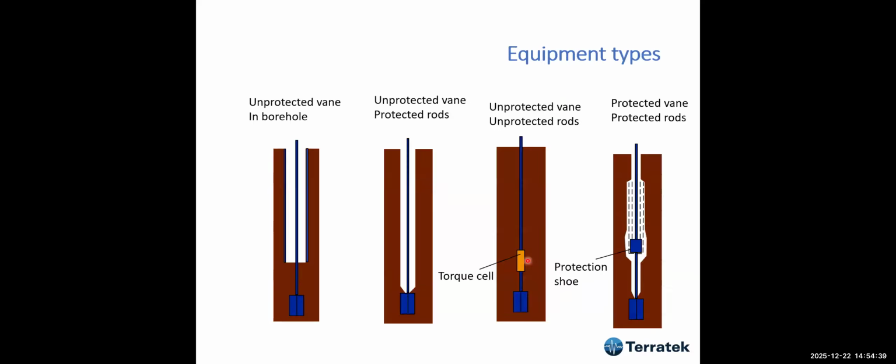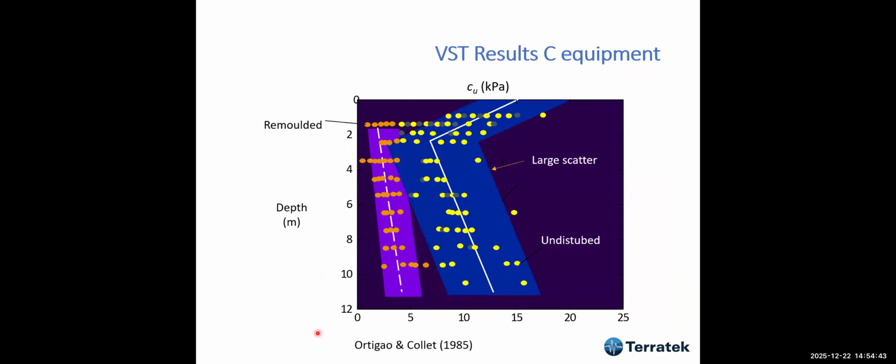We did a lot of work with this kind of equipment. First of all, all these tests were carried out in a soft clay, and the boreholes were very close, say 2 meters apart, to a depth of 11 meters more or less, which was the depth of this clay.